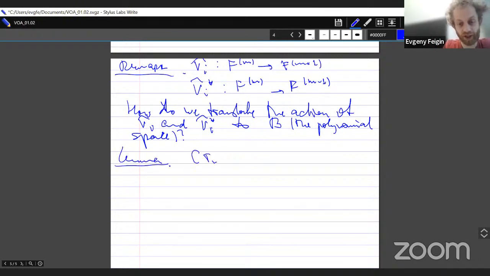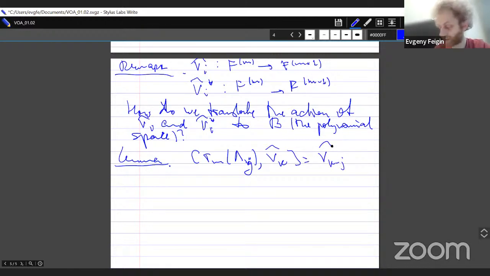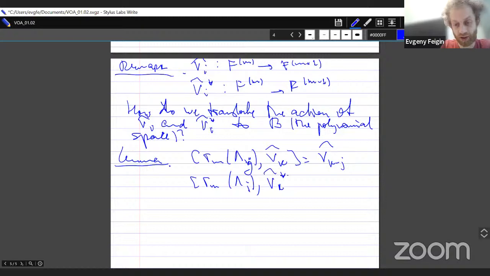Saying that we take R of lambda j, it's going to be v_{k-j}. And if we take R of lambda j and v_k star, then it's going to be minus v_{k+j}.